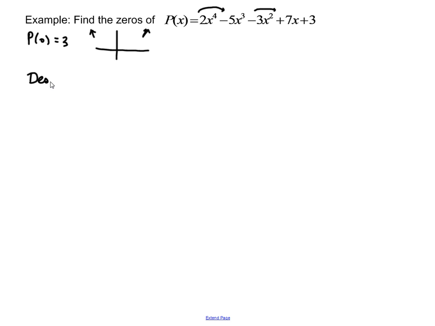So what Descartes would tell us here, I can spell his name, that's the problem with French, Descartes. If I checked his rule, he would say, well, p of positive x tells us that we are going to have two or no, zero positive real zeros.